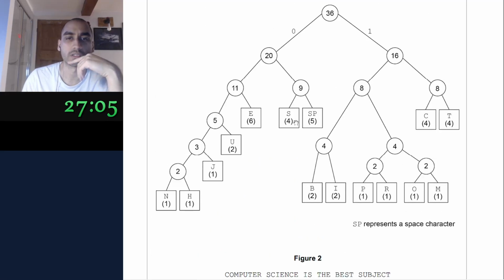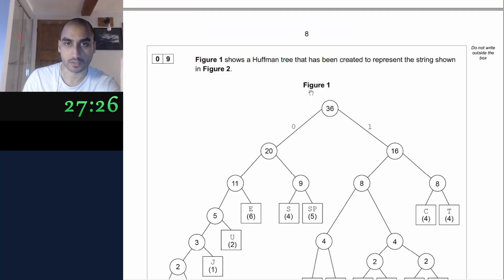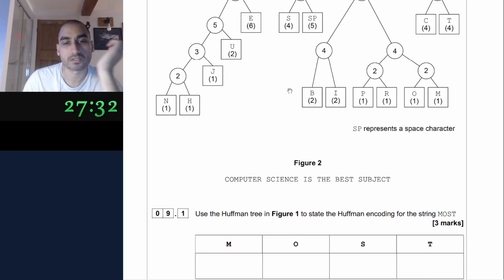What are these numbers in brackets? SP doesn't even appear in the string shown below.